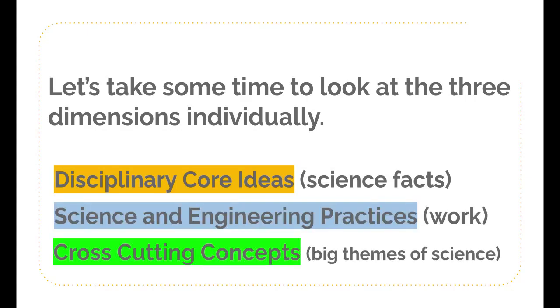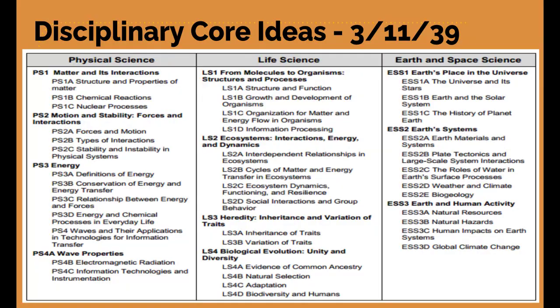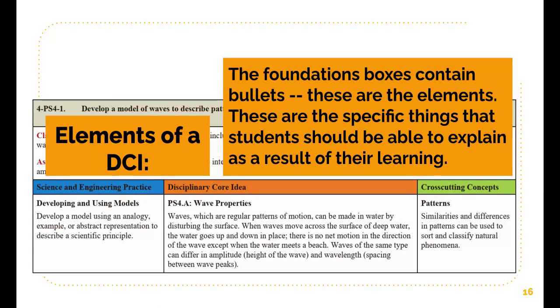So let's look at each of these individually and see what matters about these. The disciplinary core ideas, remember, are those life science, physical science, or space science ideas that we want to focus in on. And there are 11 sub-ideas and then 39 really more detailed ideas that are really going to tell us what it is specifically we need to listen for. And so what I want you to look at when you're looking at your standards document, trying to make sense, particularly for the DCI, is look at the orange column and look at what is in those elements.